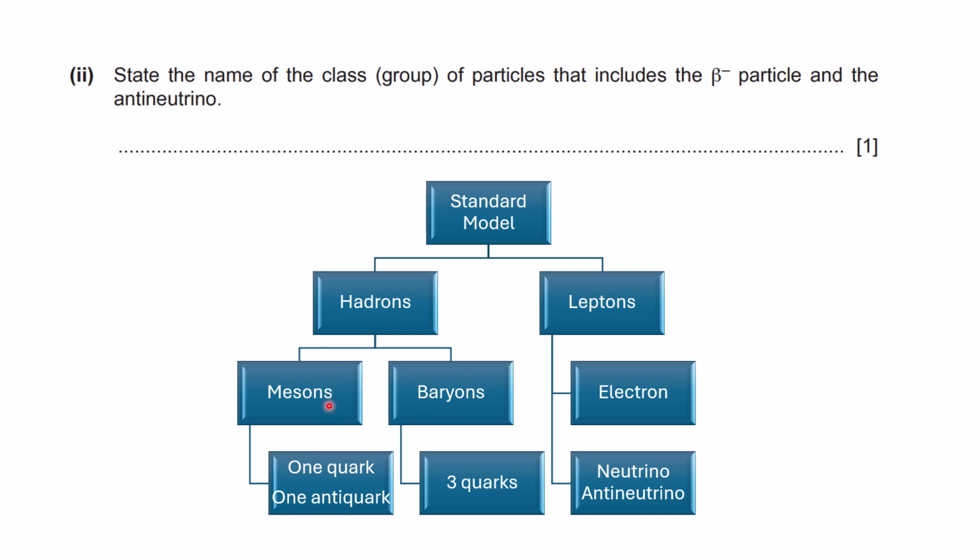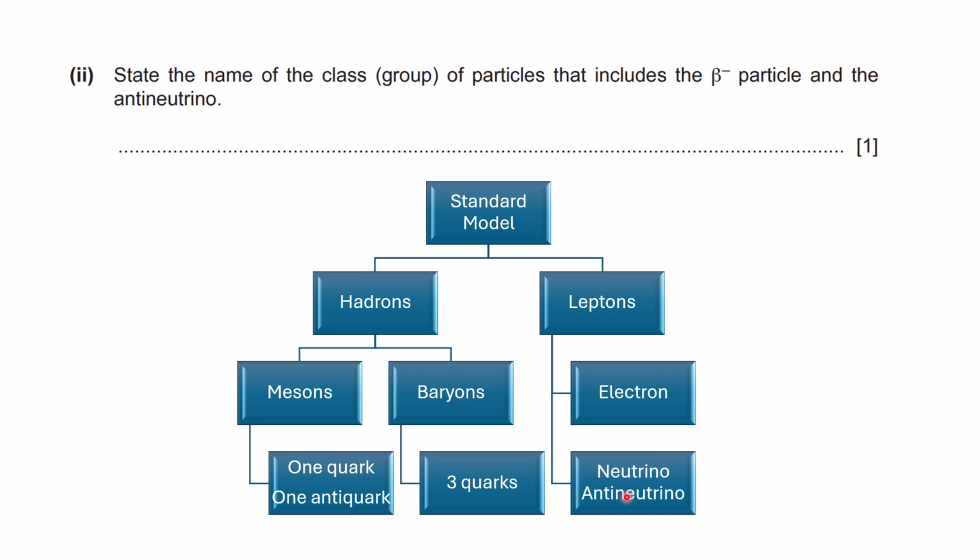The mesons have two quarks, one is a quark, the other one is an antiquark. The baryons have three quarks, so the protons and neutrons are baryons. And for the leptons, we have the electron, muon, and tau, and we have the neutrino and antineutrino for each type of lepton.